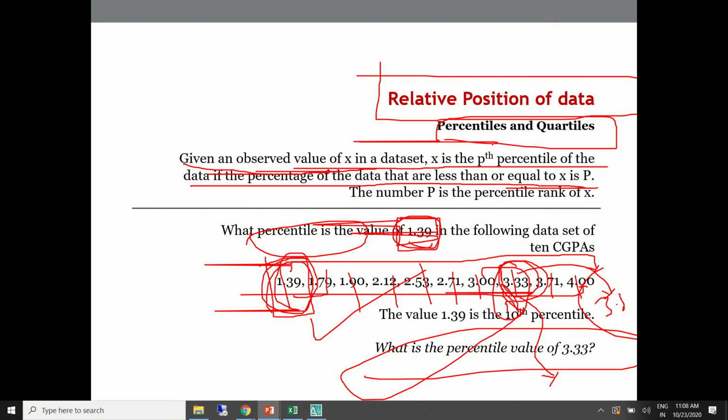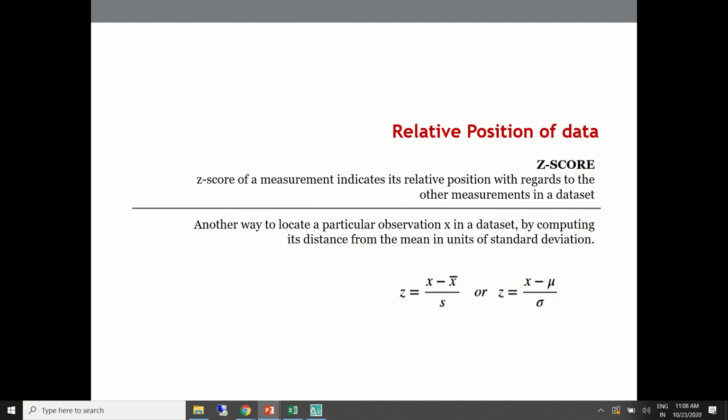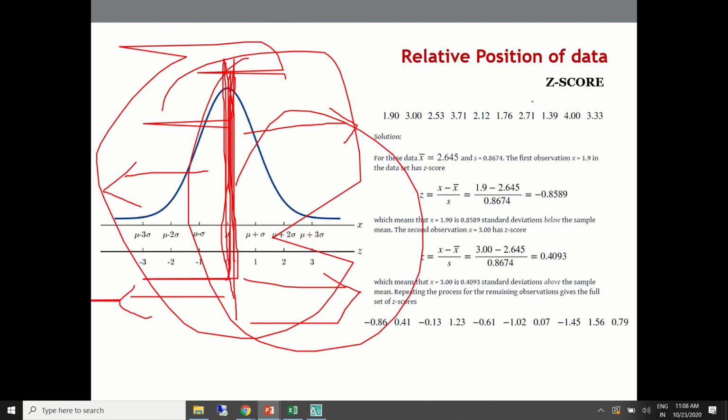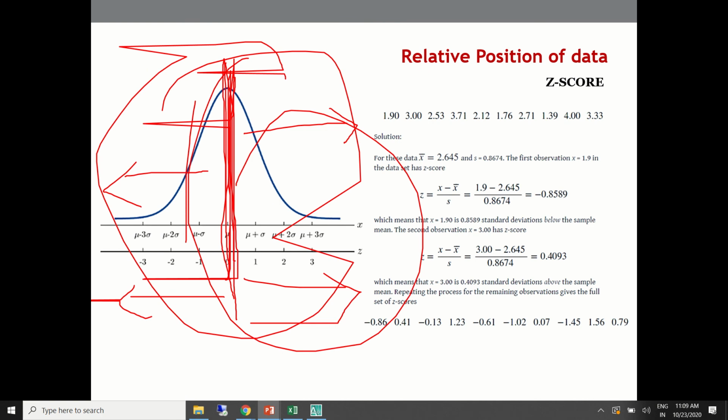And then we also saw how to position a data point within the overall data listing that we have done. We can use percentiles and quartiles, or we can use a box plot for plotting this information. Similarly, z-score can also be used to say how this variation occurs, where the concentration of the data occurs, and what the highest and lowest are.